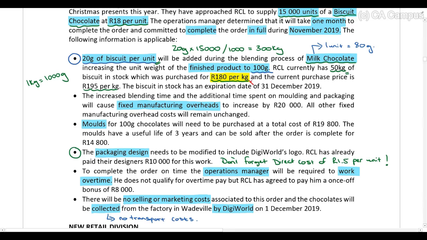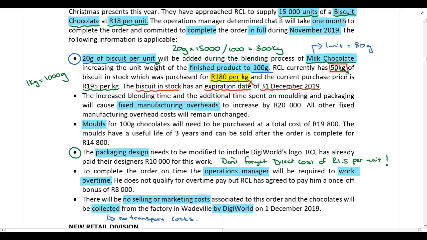So that's definitely not relevant. And we were also told that the biscuit in stock has an expiration date of 31 December 2019. So that tells me if the biscuit is not used for this order, it's going to expire. So then there's no relevant cost associated to the 50 kilograms that are currently sitting in inventory.